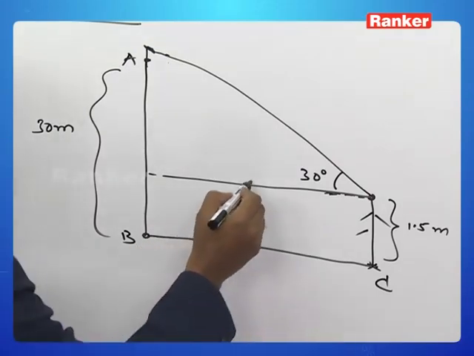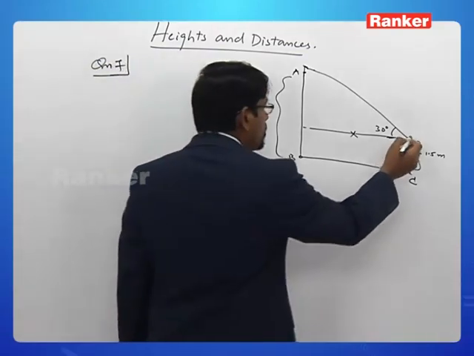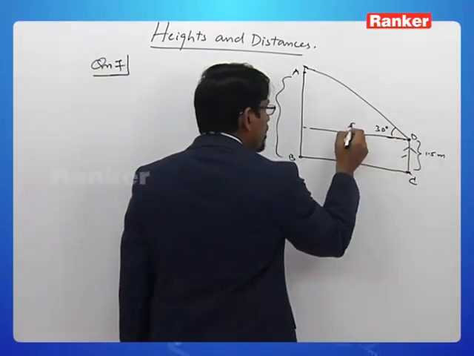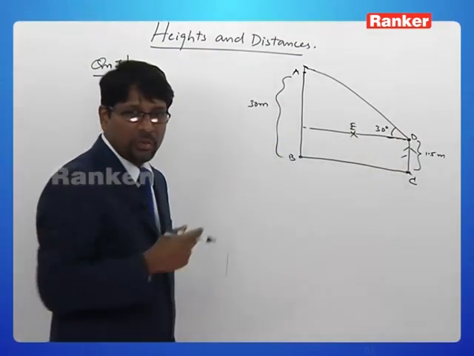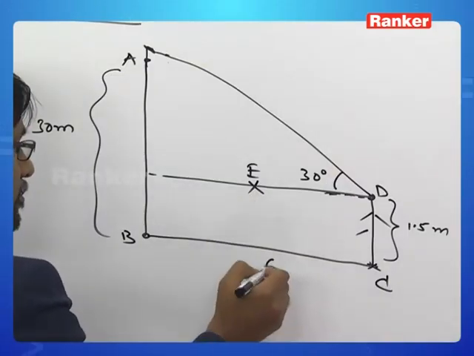After some distance, let us say he has walked up to this point E. So now this is G here.